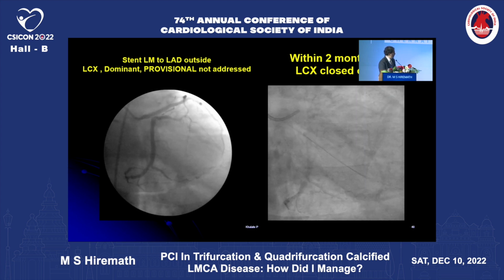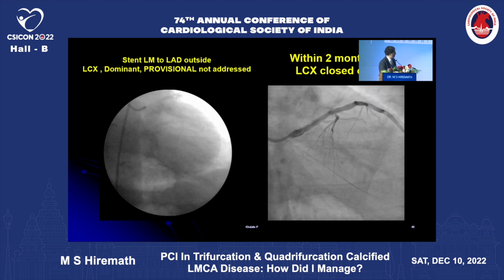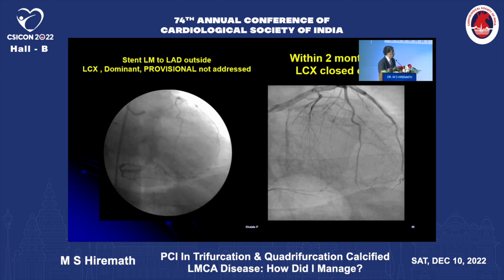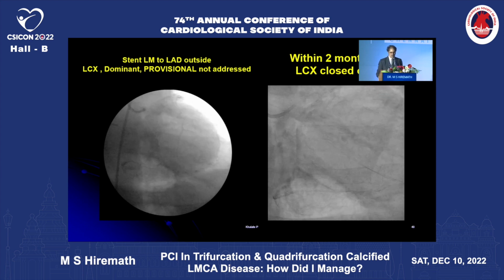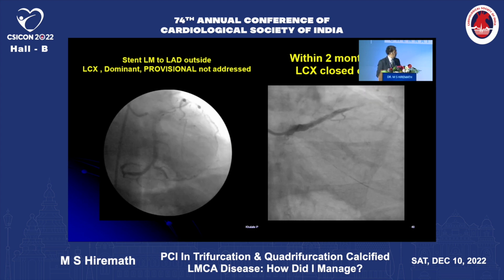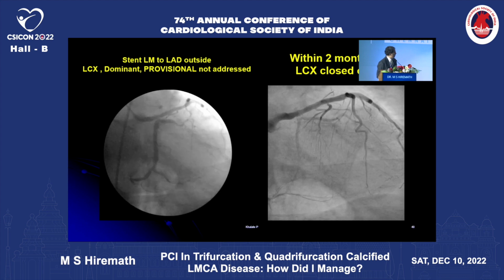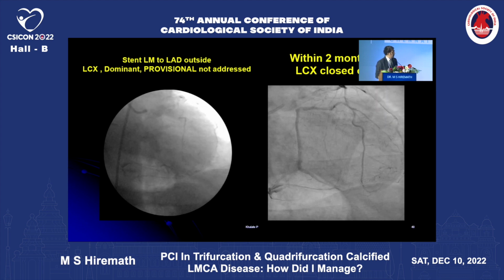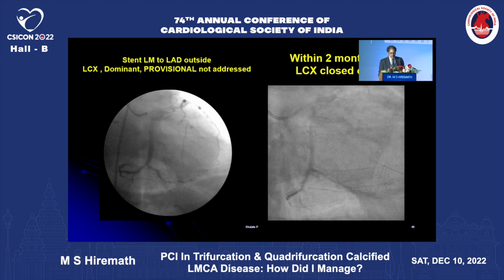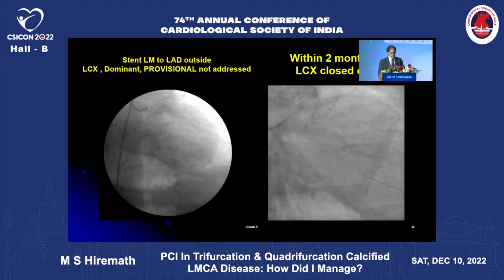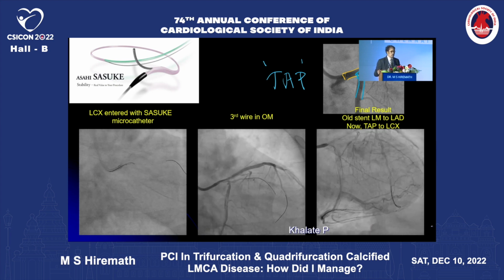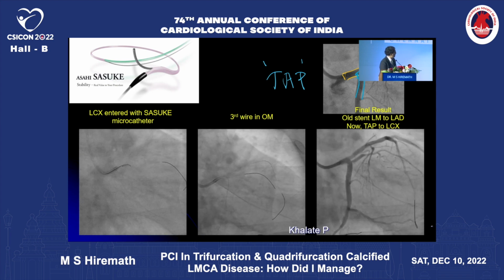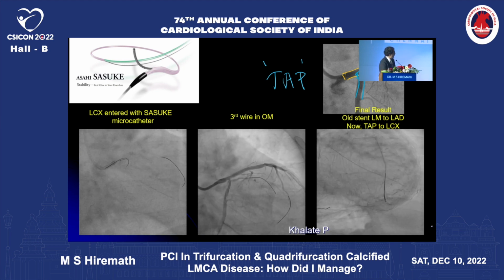And this is a repeat angiogram done in the same center, where you'd see no flow from left main to circumflex. Circumflex is filling up backwards through the LAD. And it's again a very important circumflex circulation. So this is where we use this special catheter called Sasuke.